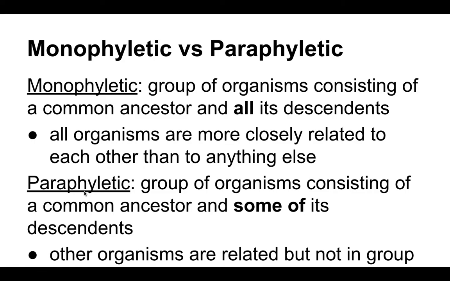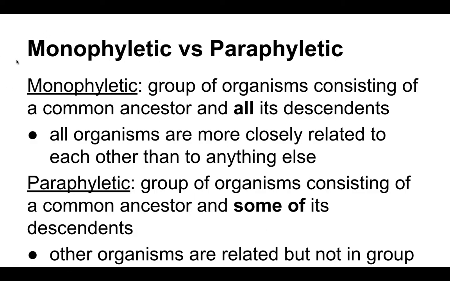Paraphyletic is something weird in that it's a group of organisms that has a common ancestor, but we're only grouping some of the descendants together. So what it means is that there are other organisms that are genetically related to them, but we don't group them together. The only reason that paraphyletic groups exist is because humans have grouped them together artificially.